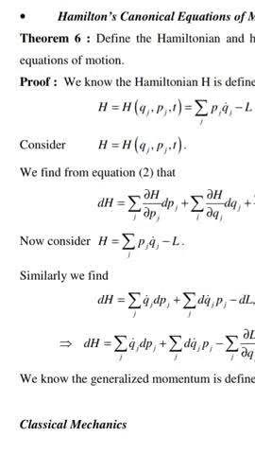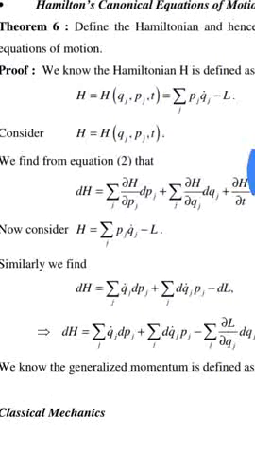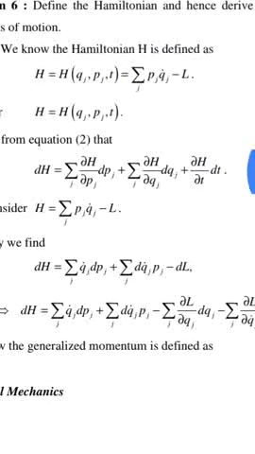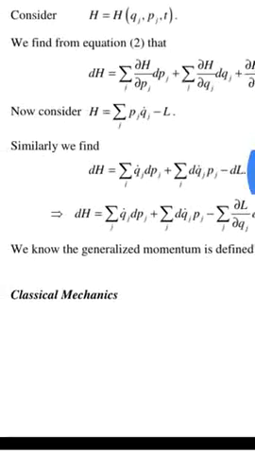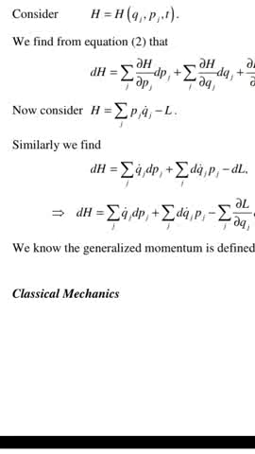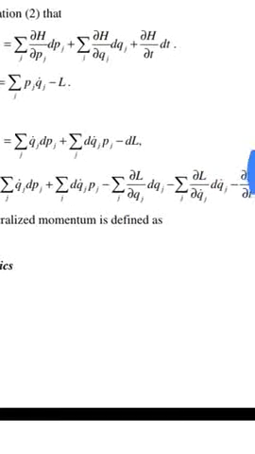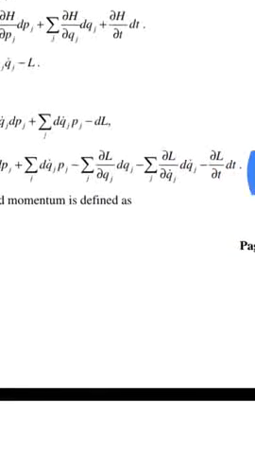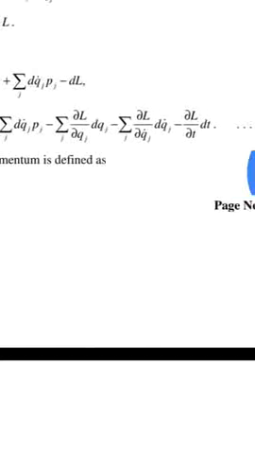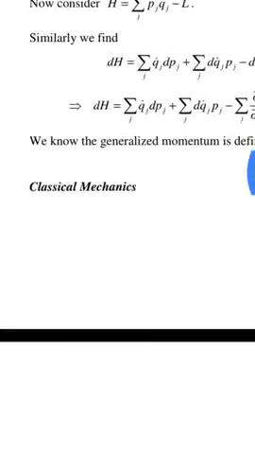Now consider H equal to summation of pj qj dot minus L. Similarly, we find dH is equal to summation of qj dot dpj plus summation of dqj dot pj minus dL. That is, dH is equal to summation of qj dot dpj plus summation of dqj dot pj minus summation of ∂L/∂qj dqj minus summation of ∂L/∂qj dot dqj dot minus ∂L/∂t dt.